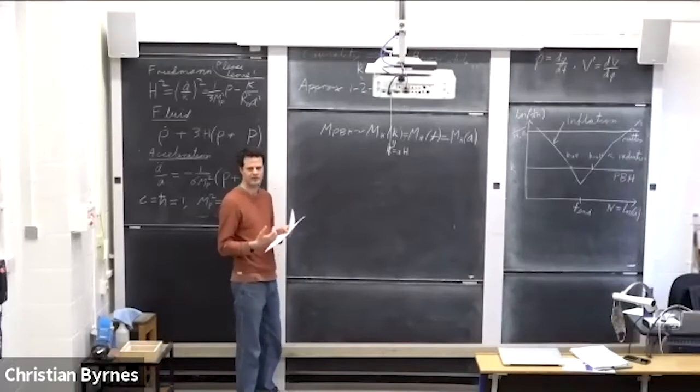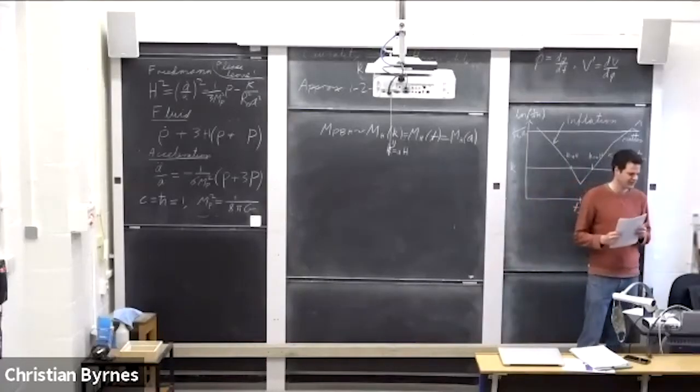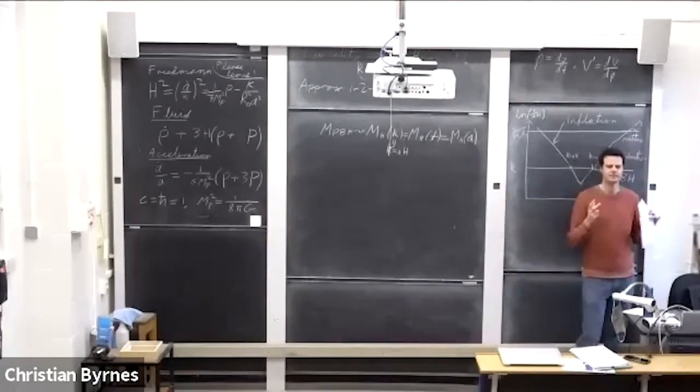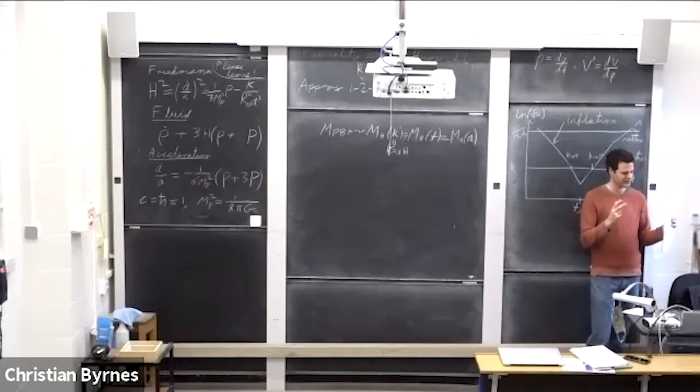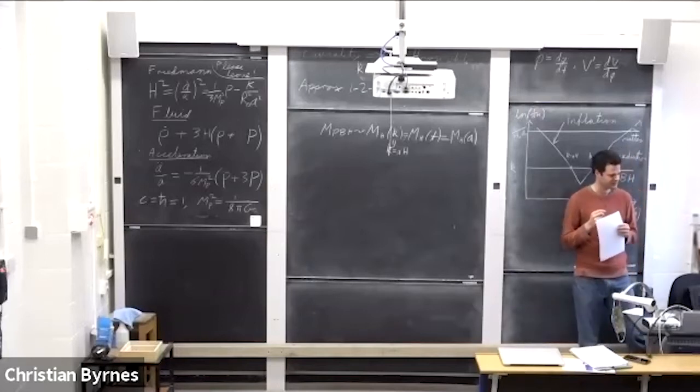It's not a requirement. Why is the mass of the primordial black hole approximately equal to the horizon mass? Yeah, I'm not going to really show that, but intuitively, when you've got a very large overdensity, and I'll quantify just how large it has to be, the whole thing's going to collapse quite quickly, within about a few Hubble times.